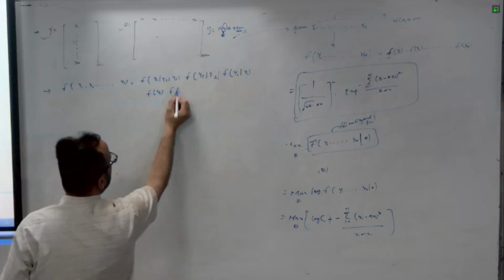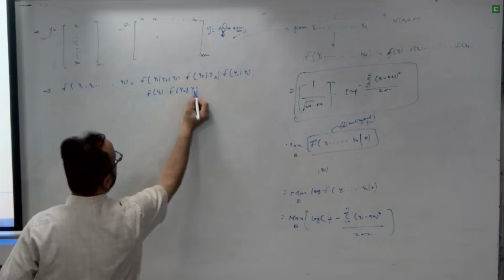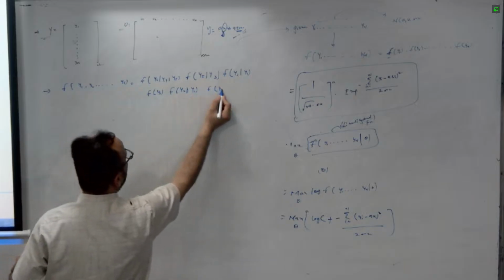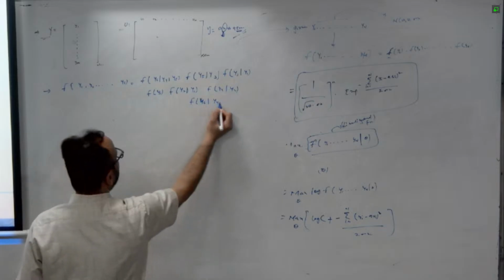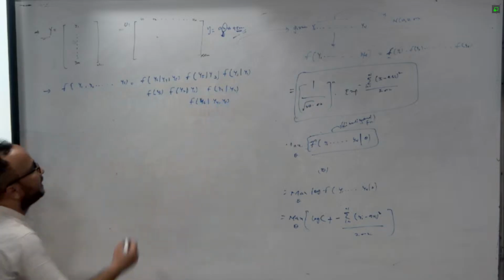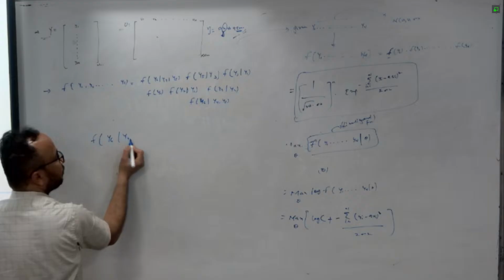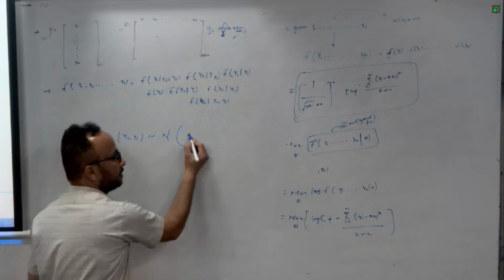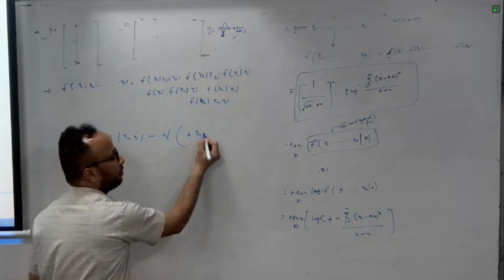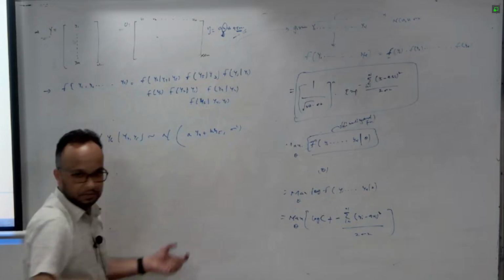And you have f of y2 given y1, and f of y4 is only depending on y2, and y6 is depending on both y4 comma y5. Okay. So now I have written the independent density functions, and now I know that y6 given y4, y5 follows a Gaussian distribution with mean a into y4 plus b into y5 and variance sigma square. This is my density function.